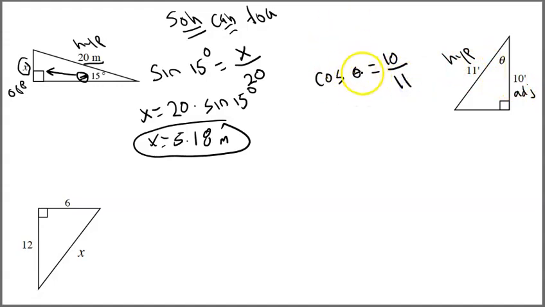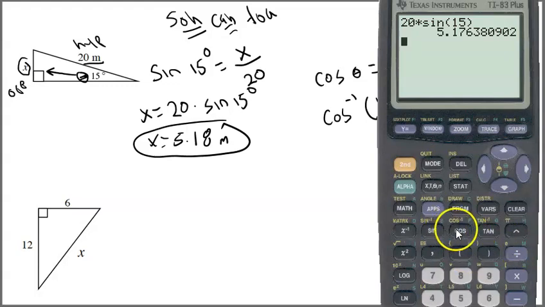So because I don't know the angle, what I do is I use the inverse cosine. So I'm going to write it like this. The cosine inverse of this ratio gives me angle theta. So my calculator, if you notice above the word cosine, it says cosine with a -1. That's the inverse cosine. So to get to it on this calculator, hit second cosine.